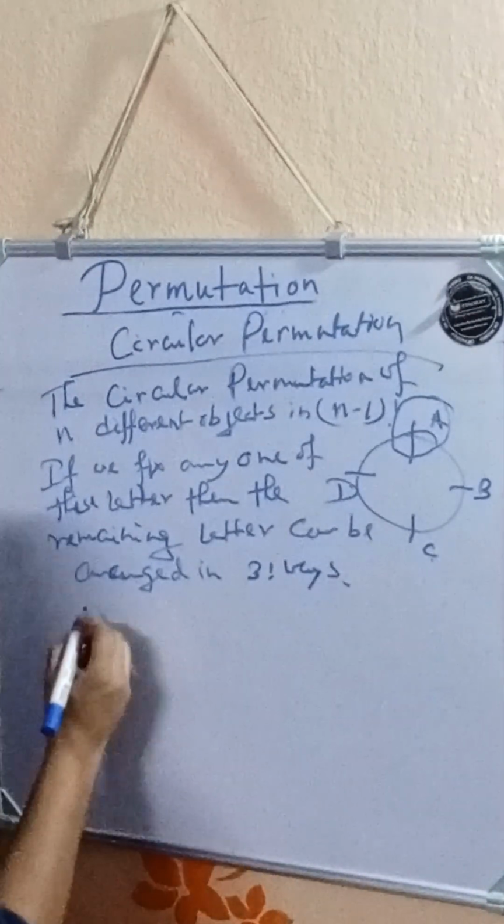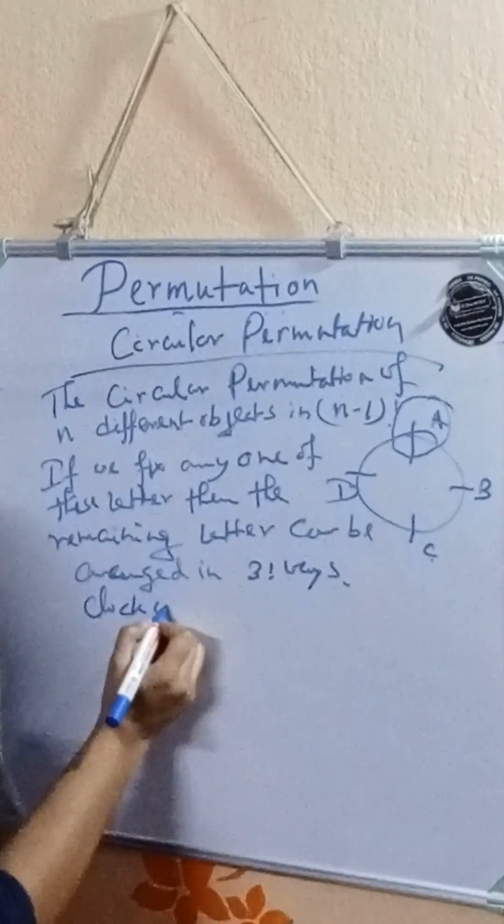Now, circular permutations can be clockwise and anti-clockwise.